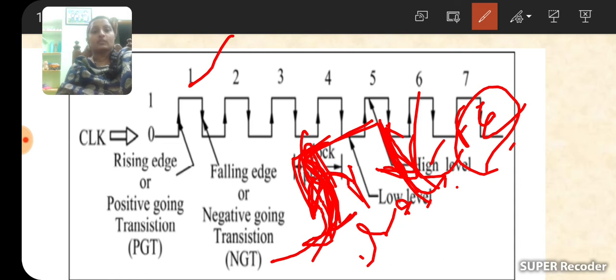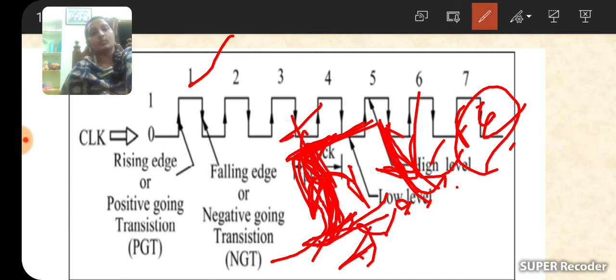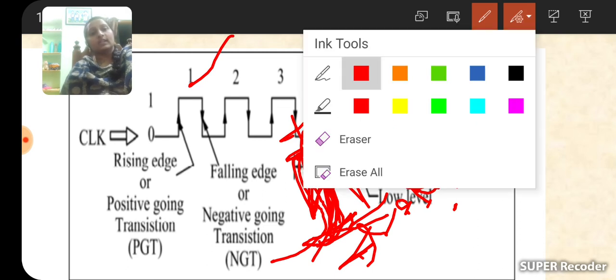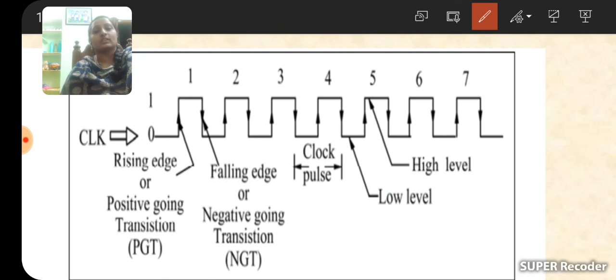In this way the line increases from 0 to maximum. It is also called positive going transition. Positive means it moves from negative to positive level. The falling edge is also called negative going. Negative going means it moves from the positive side to negative.